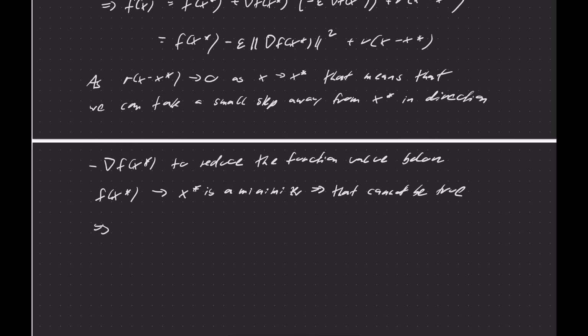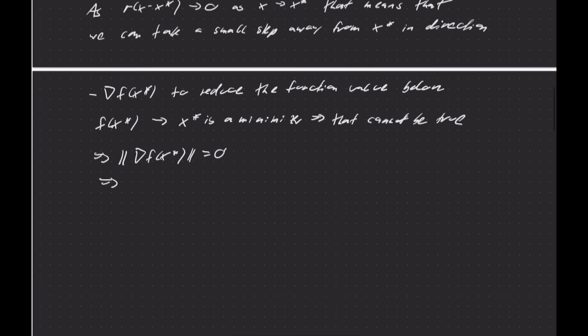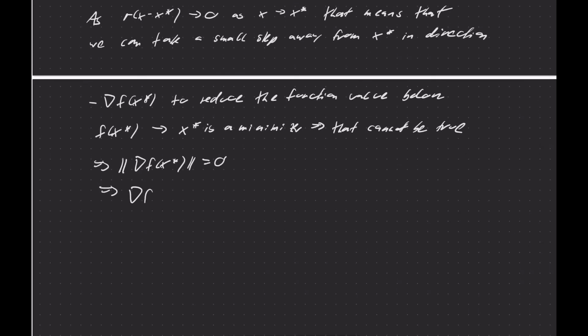And that means the only way out of this is this norm here of the gradient of f at x star, that must be 0. And of course that means, well, if the norm of a vector is 0, then the vector itself is 0. That was one of the key properties of a norm that we discussed in the first semester. Okay, and that's basically what we wanted to prove.